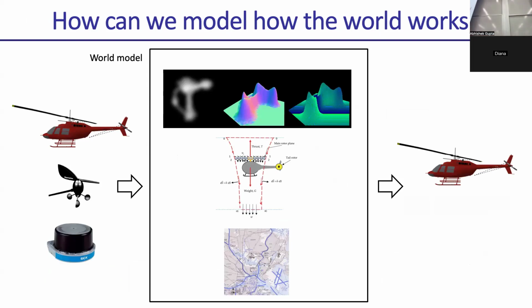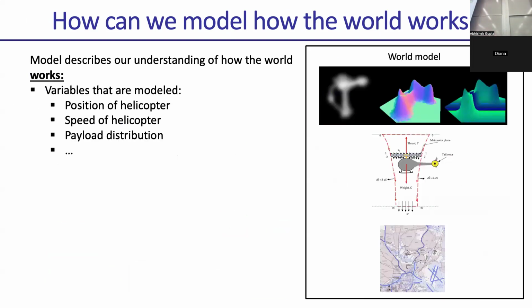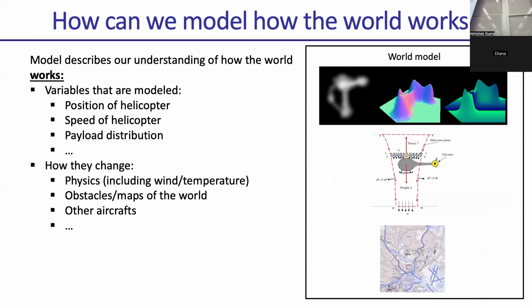So there are lots of ways we can model a helicopter, right? But we're going to try and use our knowledge of physics. So we're first going to try and define what a world model is. What is it predicting? The variables it's going to model are things like the position of the helicopter, the speed of the helicopter, the payload distribution, and how they change.